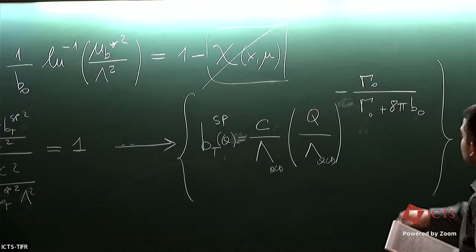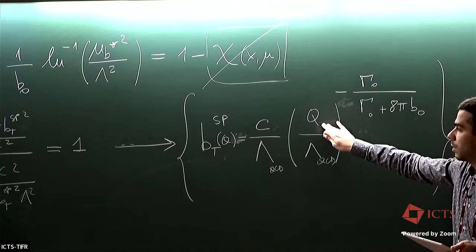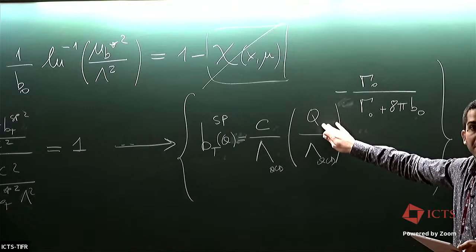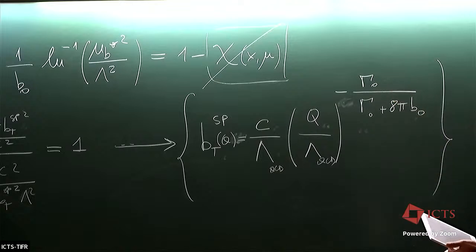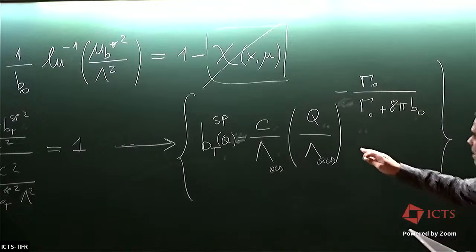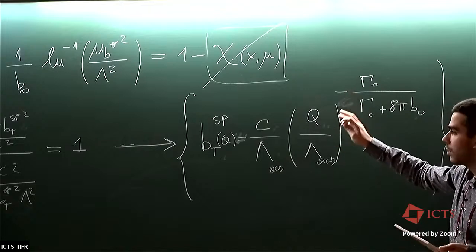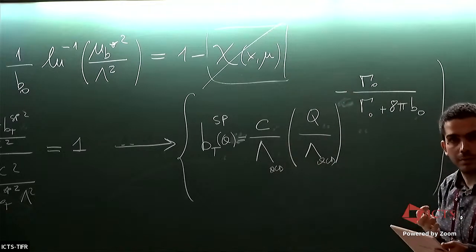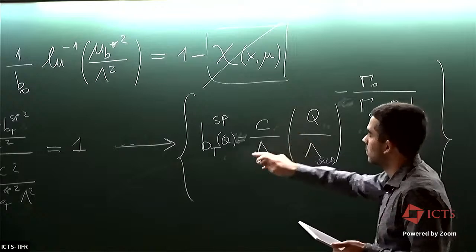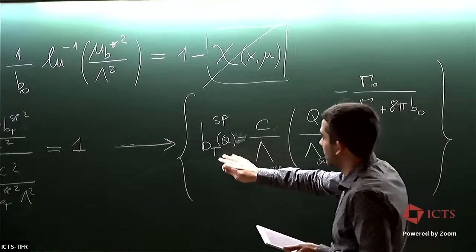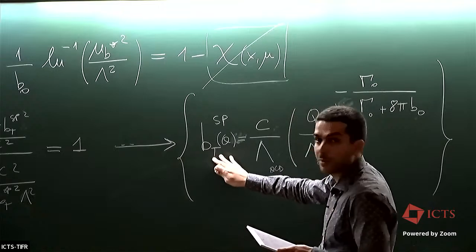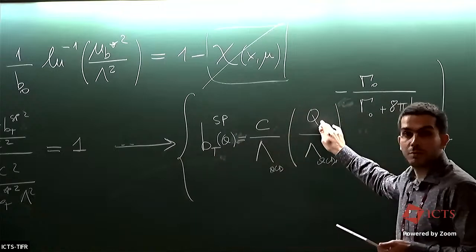If Q is large, what happens to BT saddle point? One has to know the numbers for these constants, but what happens is that when you increase Q, BT saddle point becomes small. When Q is low, BT saddle point is large. So this tells you that the TMD PDF becomes non-perturbative when Q is small.